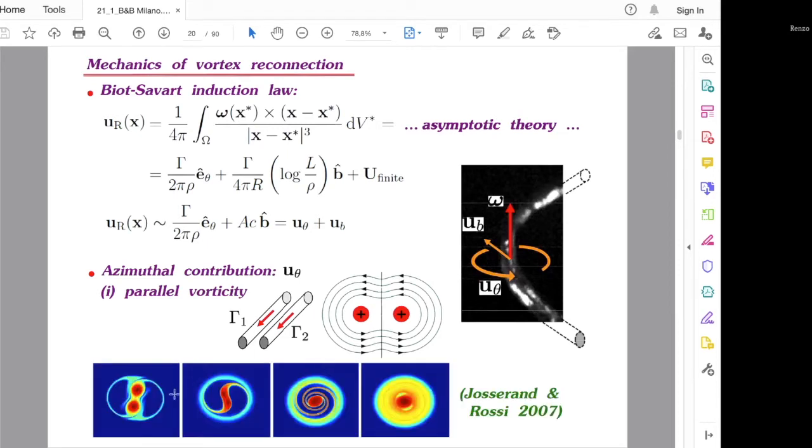Now, by numerical simulations and by experiments, we know that there is a merging of these two parallel filaments into one big filament. And this is one of the many simulations, one of the last simulations done by Maurice Rossi and Jacques Josserand in Paris.